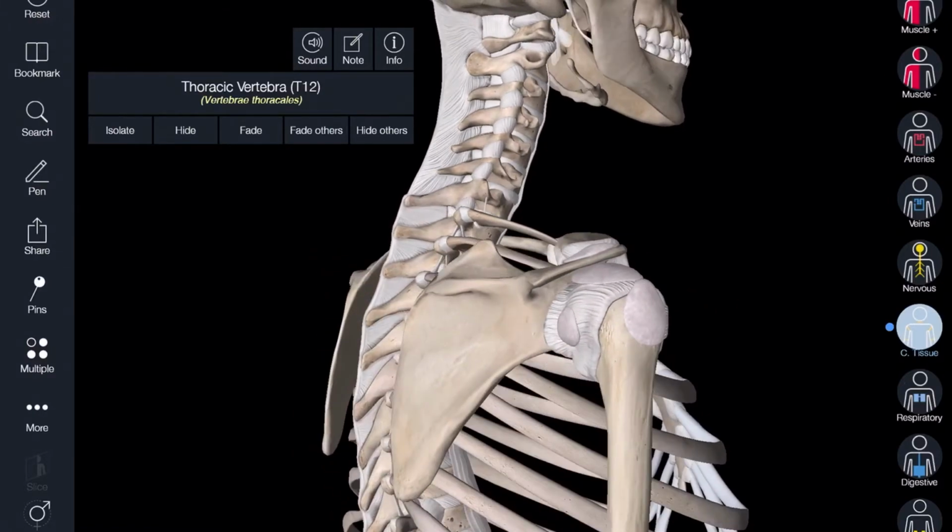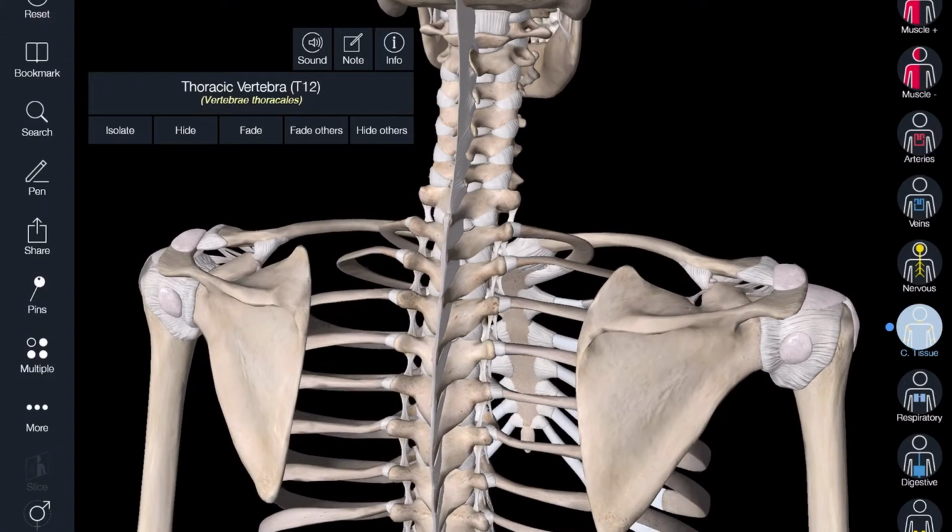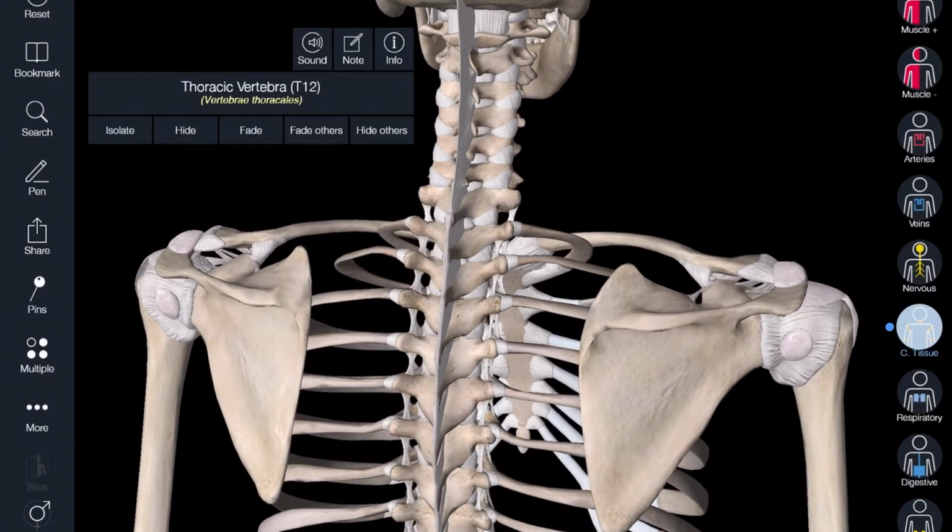And then it goes all the way up and attaches to the occiput, which is, arguably we could say, a highly modified vertebra, and the external occipital protuberance is actually the remnant of a spinous process of this highly modified vertebra. Therefore, that makes the attachments of trapezius extremely easy to remember.